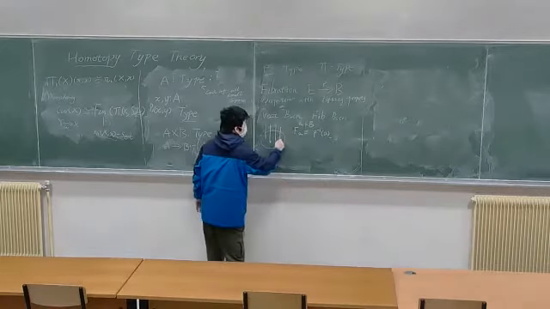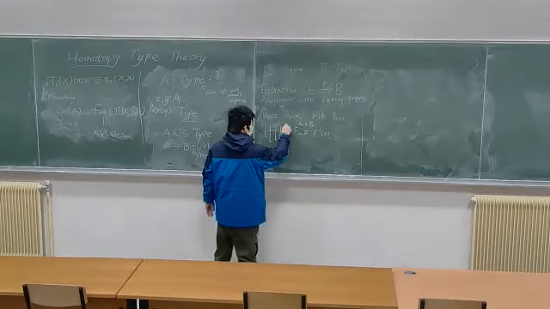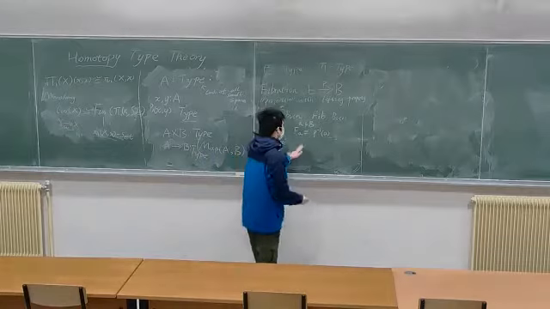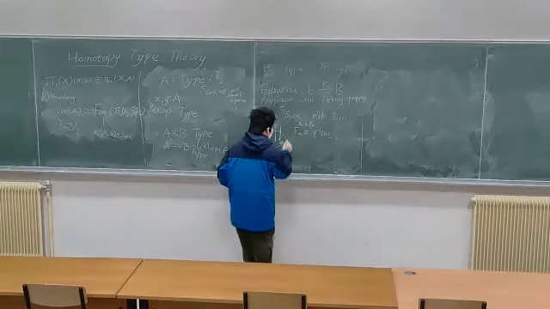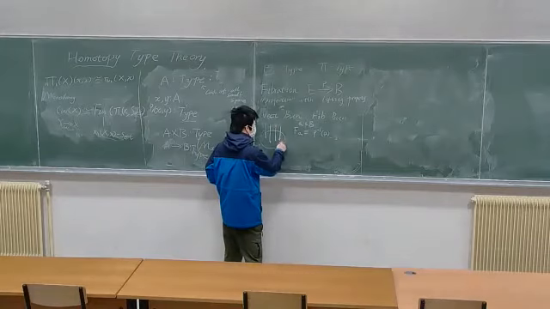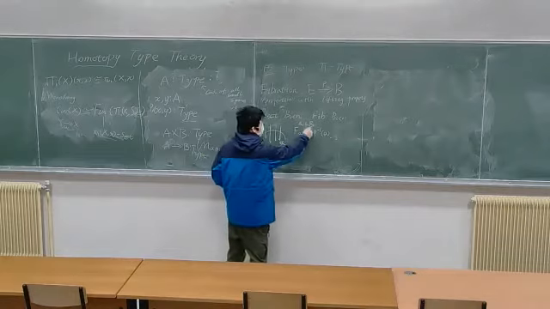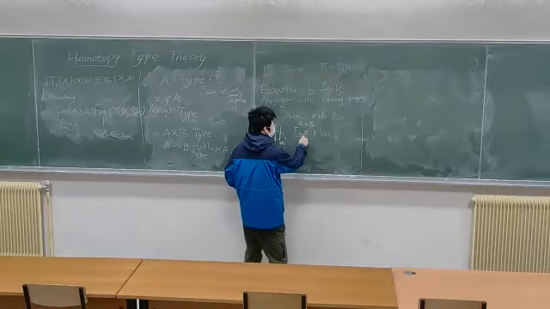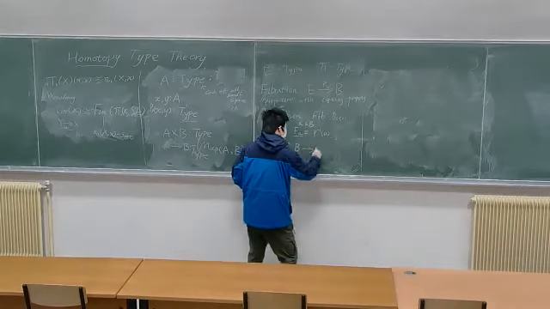This is a fiber over this point b. So we somehow define a map, or a homomorphism, from a point in the base space to a space. This can be denoted as this kind of thing.